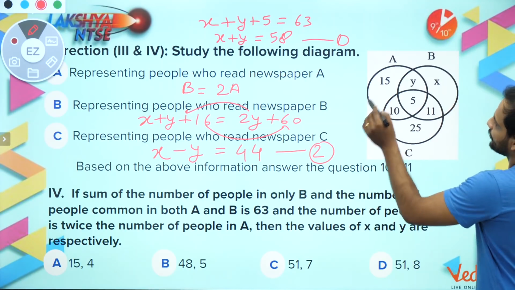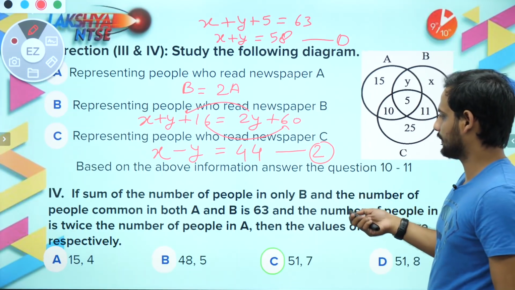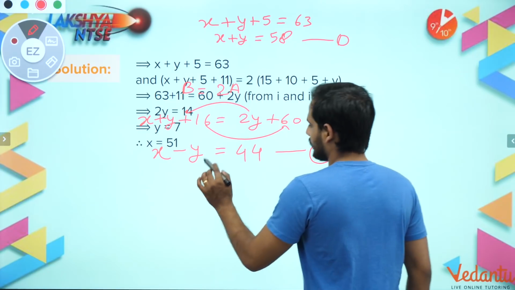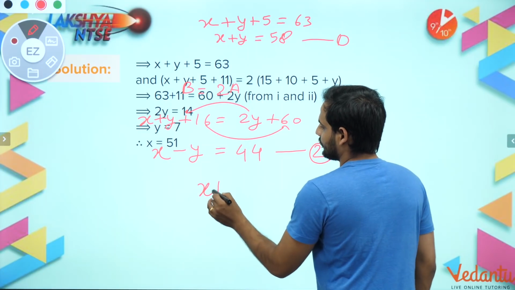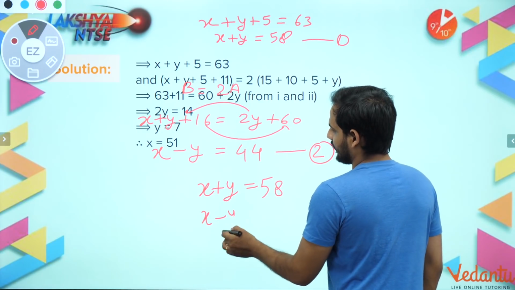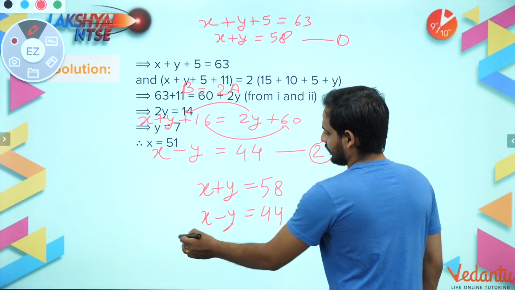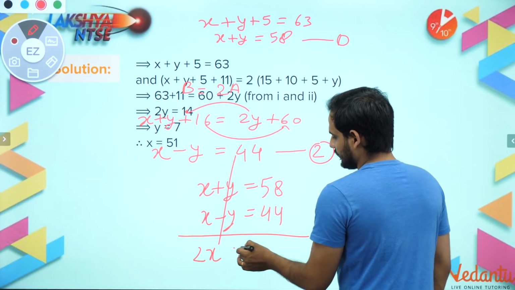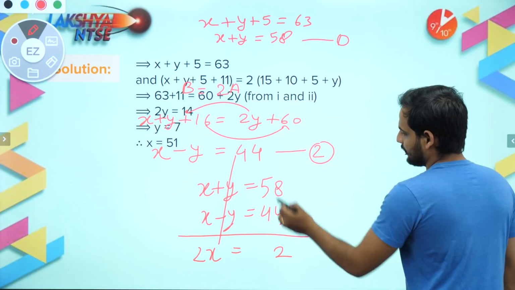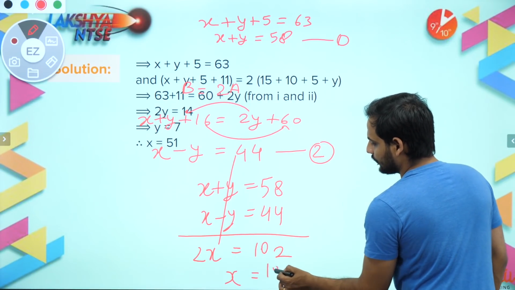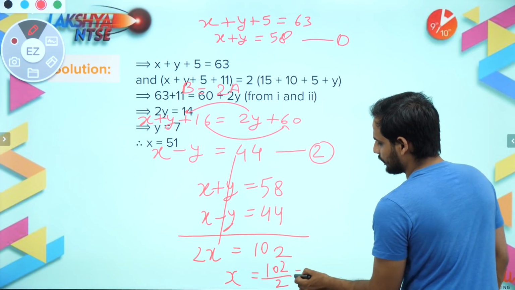Chalo, X plus Y is equal to 58 and X minus Y is equal to 44. Add both the equations, plus Y minus Y will get cancelled. 2X is equal to 102. So you'll be getting X is equal to 102 by 2, which is equal to 51.